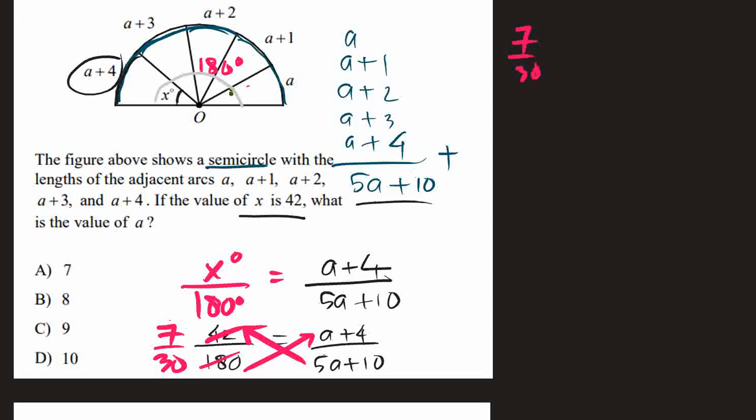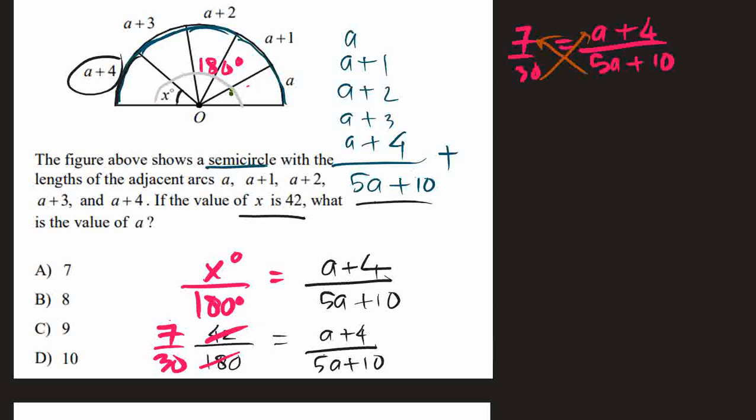Continue here. Equals to a plus 4 over 5a plus 10. And then again we cross multiply here. So this one we have not done the cross multiply yet.